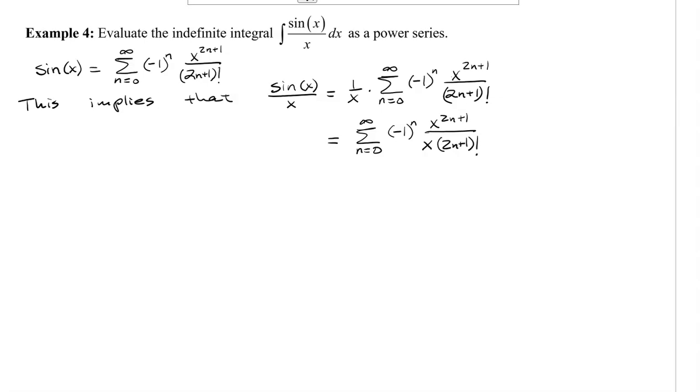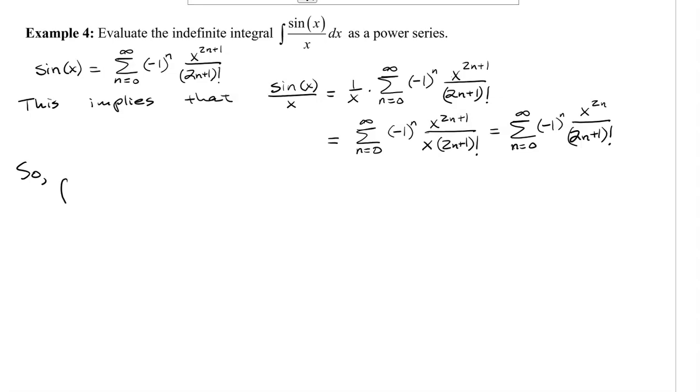Now we can cancel the x in the denominator with an x on top. And there is our power series representation of sine x over x.